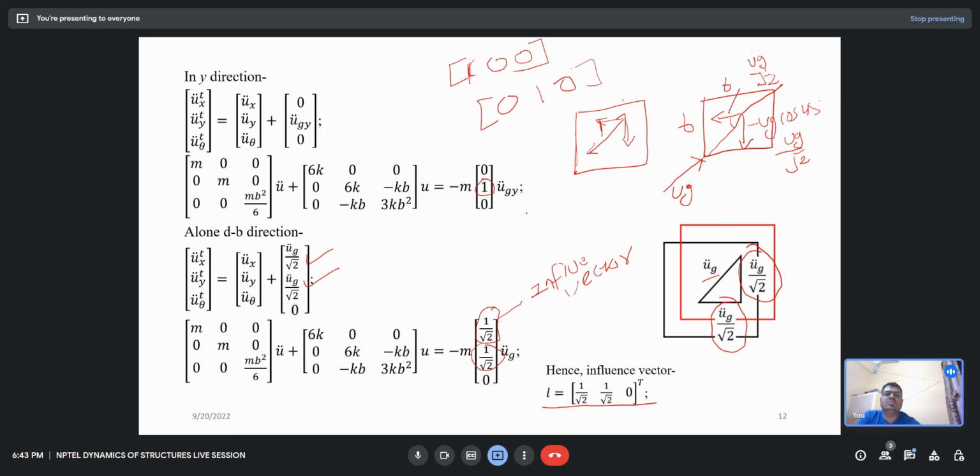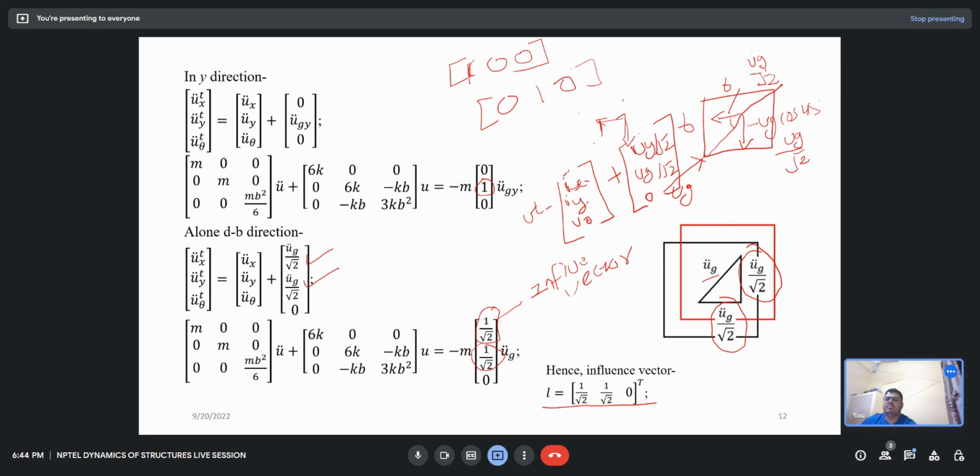So my total acceleration would be whatever the acceleration in the structure response, ux double dot, uy double dot, and u theta double dot, plus the acceleration in this direction, which would be ug by square root 2, ug by square root 2, and in the theta direction that is 0.